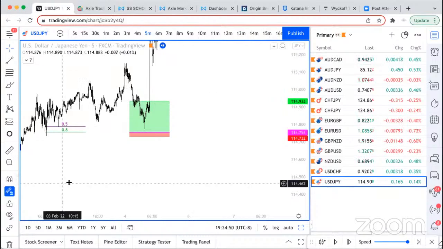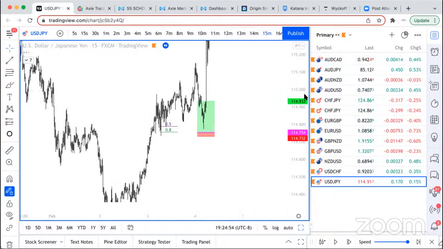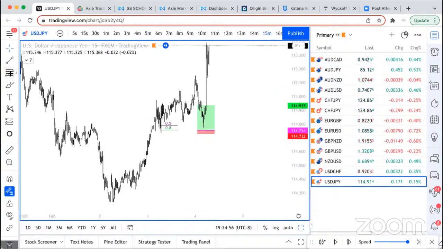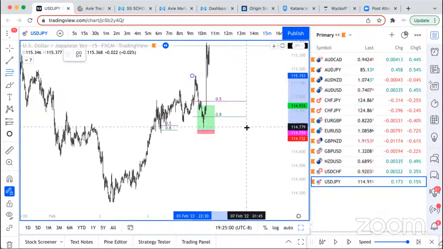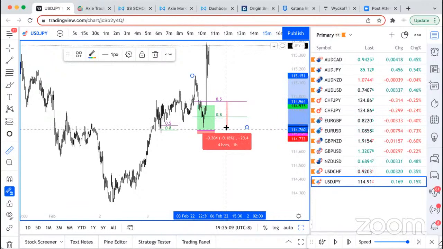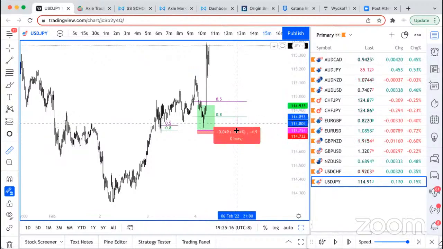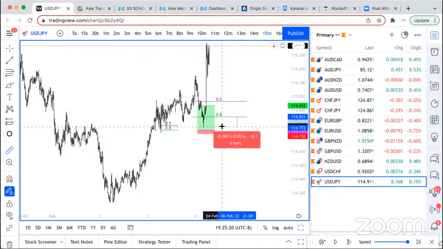We could scale up to something like the 15-minute. And ideally, if we're just playing order flow, we could measure out this last drive, right? Now, is 50 or 80% going to be worth it here? 50% covering the low is a 19 pip stop loss, so definitely not worth it. 80% covering the low is an 8 pip stop loss, so even that's a bit chunky.